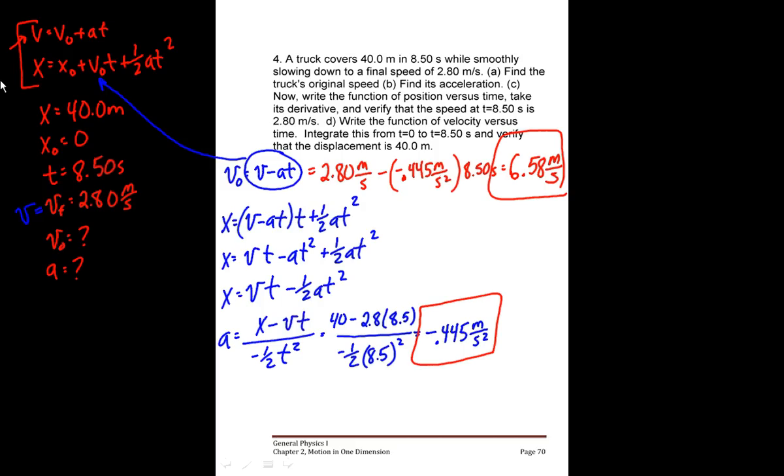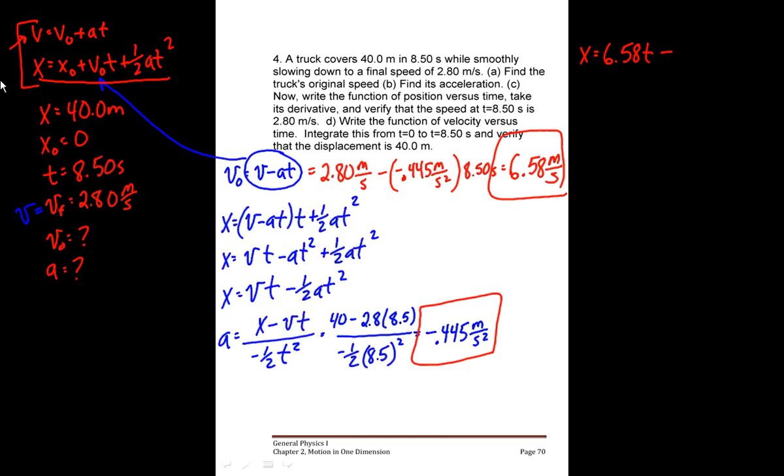Now let's see, part C, write the function of position versus time. So I want to write the function of position versus time. I'm going to do that over here. Look, I already have it over here, right? So I'm just going to put in the values. X is equal to V naught T. V naught, I've already found to be 6.58 T, plus 1/2 AT squared.